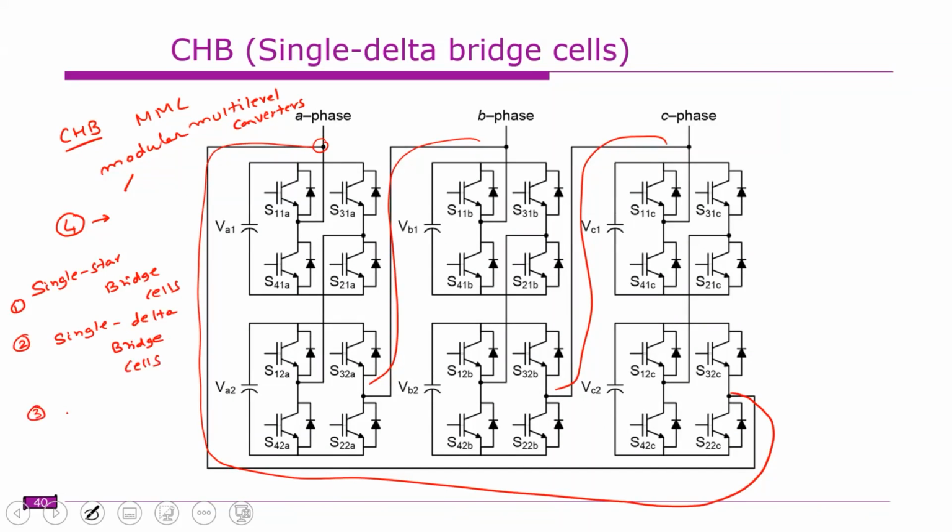The third one is double star bridge cells. And the fourth we have is double star chopper cells.